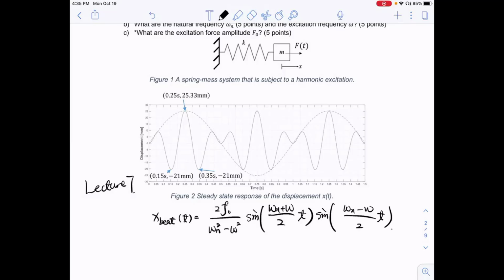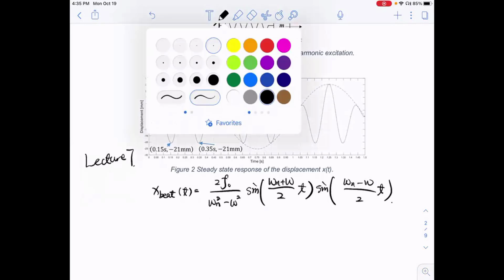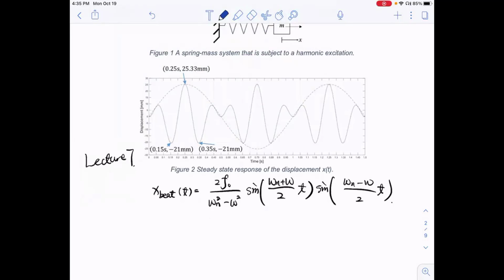This function gives you the solid line in figure number 2. Actually, there are 3 things you can get from this function. First of all, you will know the maximum value of x.